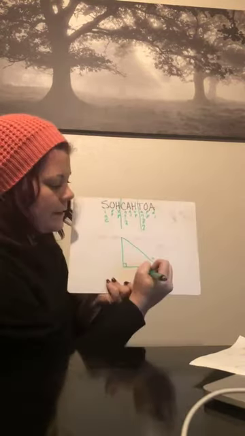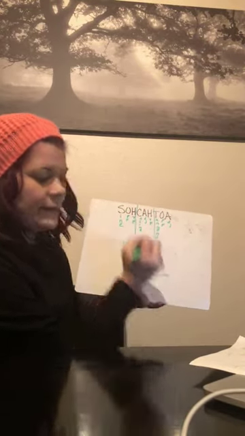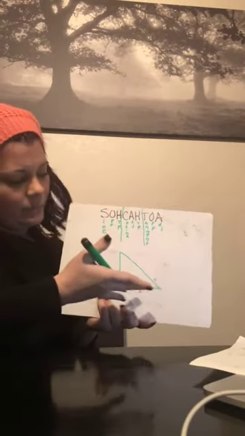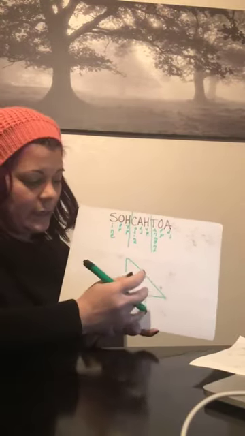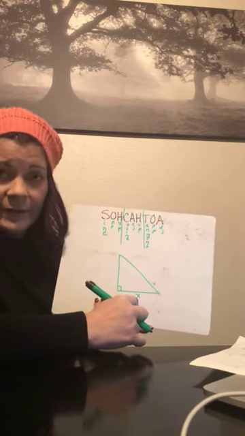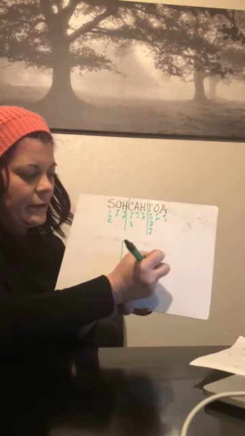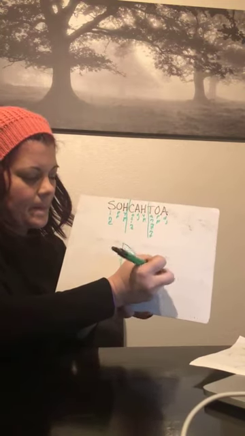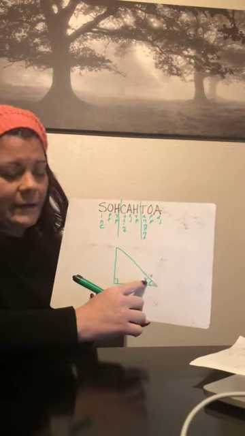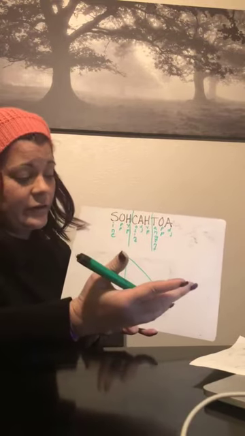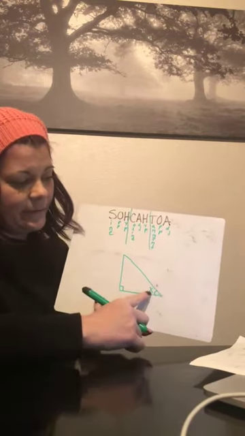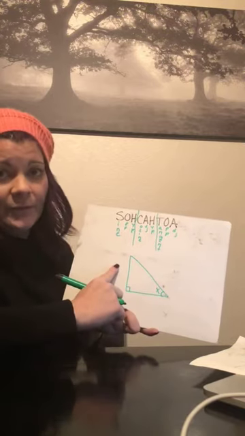And trig functions deal with right triangles. So if I say this angle identifies the x, the opposite side is the opposite of that angle.